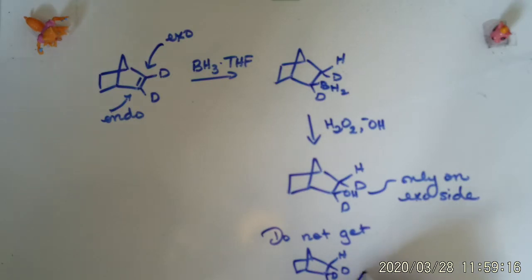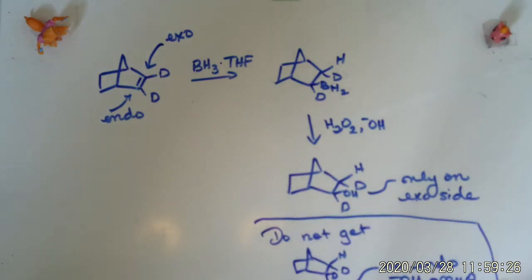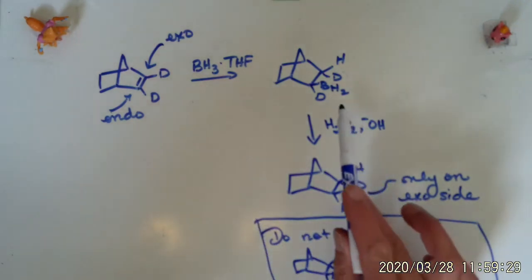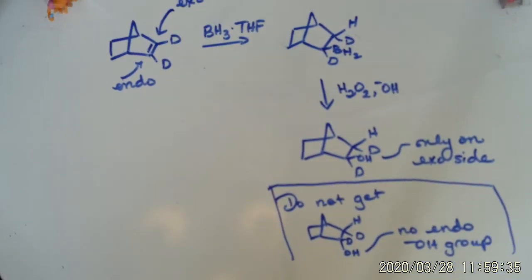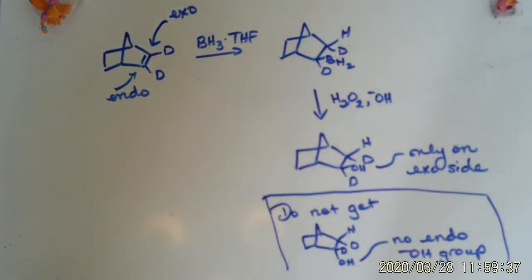So, no endo OH group. There is no racemization or anything like that. Okay, with this rearrangement, we preserve where our boron was, and we maintain that stereochemistry. Okay, so let's do a couple examples now.